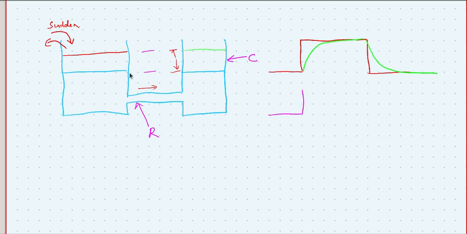Then water starts flowing, and this level starts rising, and as it rises, the difference between these two keeps reducing, and finally the two become equal.